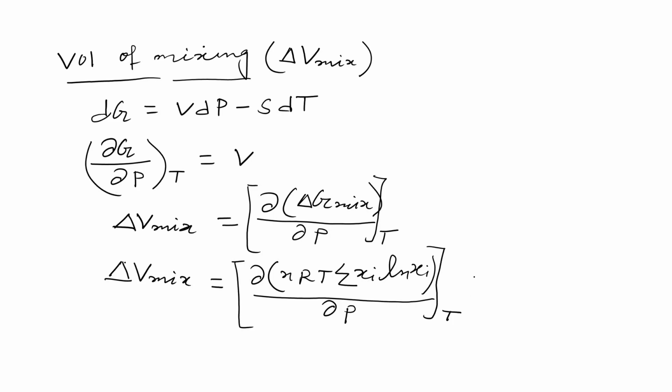Because T is constant, R is also constant, and n and xi are independent of pressure. So this derivative is 0.